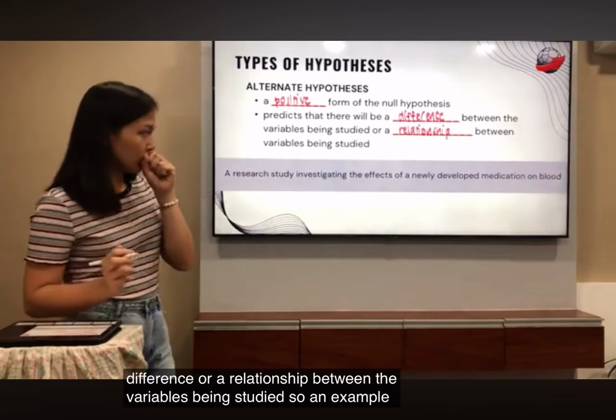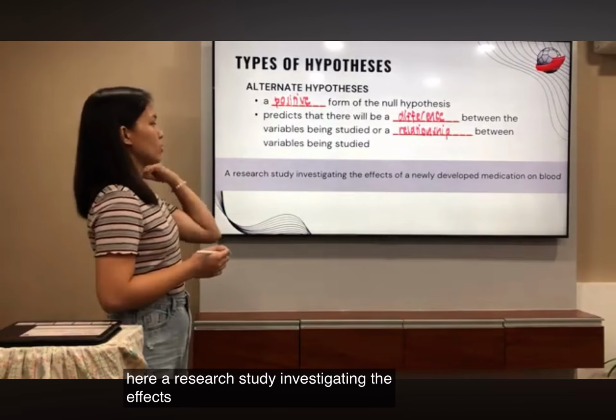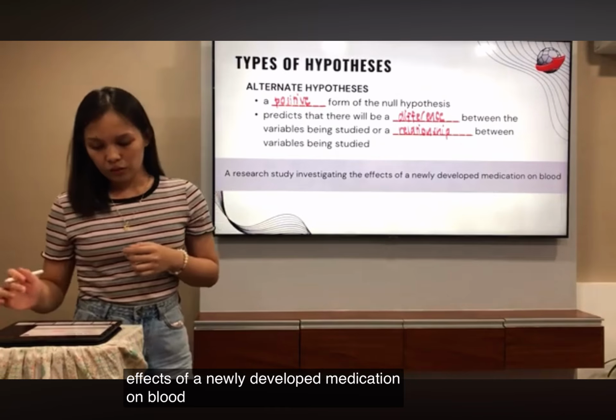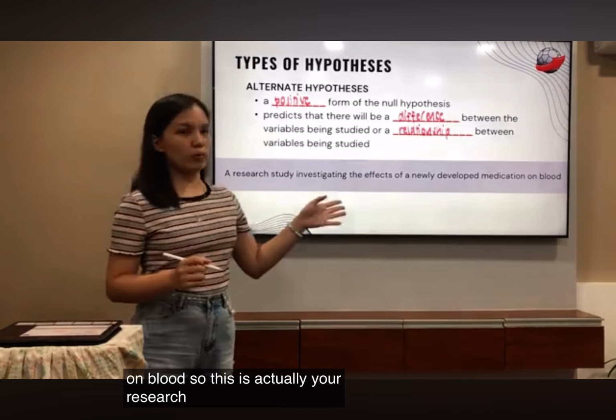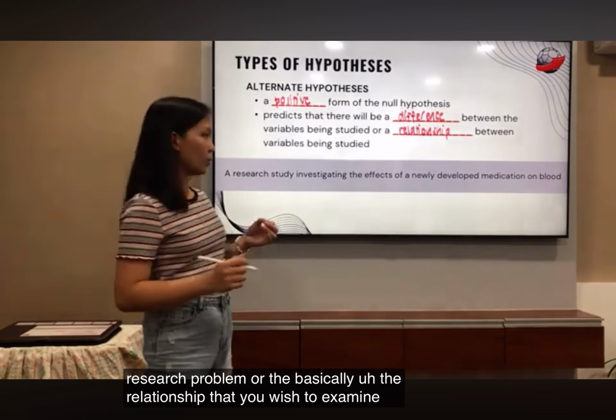So an example here: a research study investigating the effects of a newly developed medication on blood pressure. This is the research problem, or basically the relationship that you wish to examine.